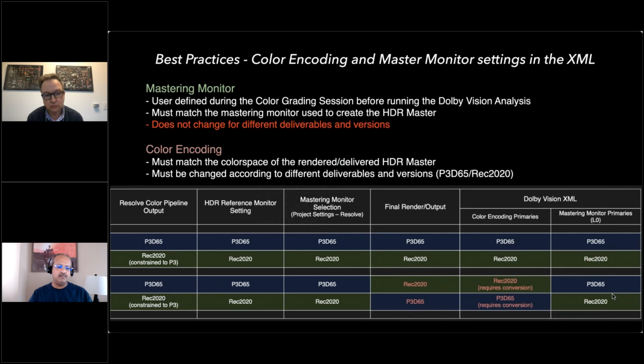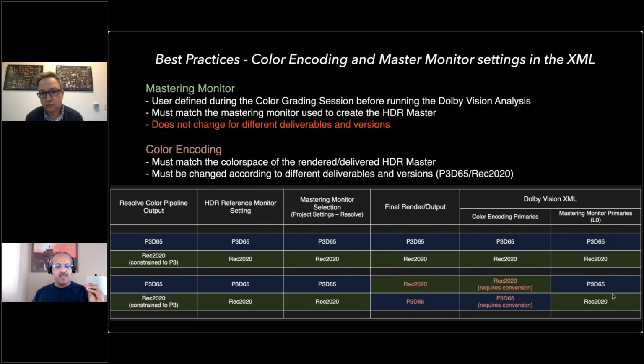We have brought this up previously in past webinars, but every now and then we get a question and we think there may still be some confusion around it. That's the reason we thought we should reiterate that here. So when you make deliverables, especially in different color spaces and formats, you have to pay attention to two primary parameters.